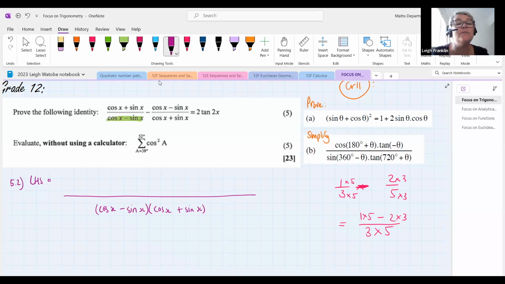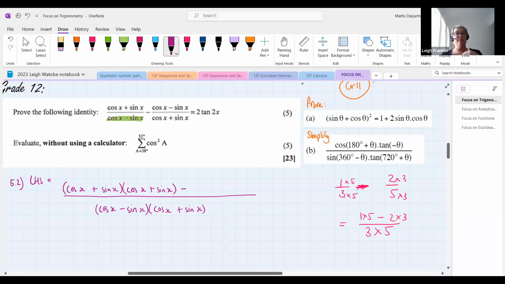Now I've got to take the cos x plus sin x at the top and multiply it by what I was multiplying its denominator by. Oh, you get it now, Sean. So that was multiplying it by cos x plus sin x. Then at the bottom I had cos x plus sin x, so I multiplied that by cos x minus sin x to get the denominator. So I've got to do the same thing at the top. What I multiplied the bottom by, I've got to multiply the top by the same thing. Where I said 3 times 5 at the bottom, I had to say 1 times 5 at the top.